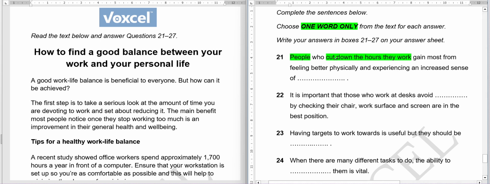So people who reduce the hours they work get the most benefit from feeling better physically. So they feel better on a physical level, and they experience an increased sense of something. Let's see, the other aspect could be mentally or something like that, but we have to be very careful. We cannot write any word, we have to find in the passage what kind of other word is given.